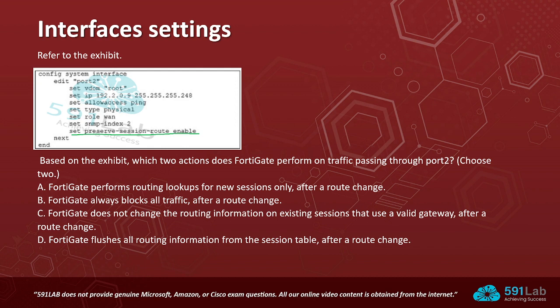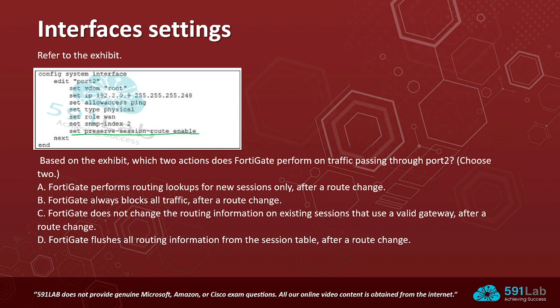The A, FortiGate performs routing lookup for new sessions only after a route change. As you can see, the command is about preserve session route. So if you think about the logic, this command doesn't want the FortiGate to make a change on the session if you don't make a change.